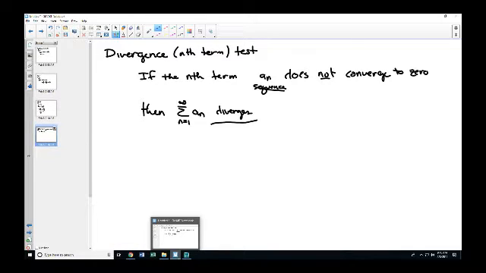So if this sequence converges to something other than zero, we know the series diverges, but if it converges to zero, we don't know anything about the series. Okay. So, let's look at something like this.